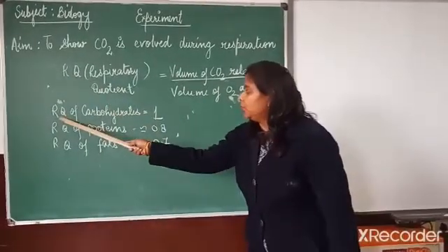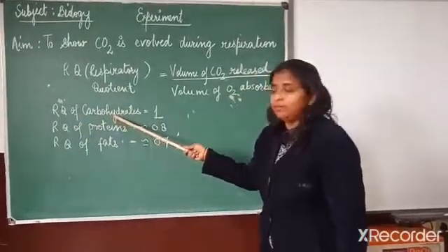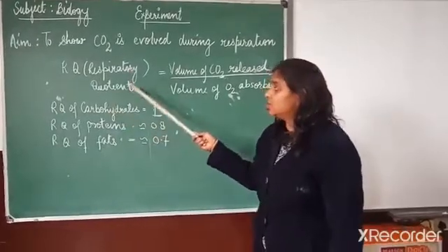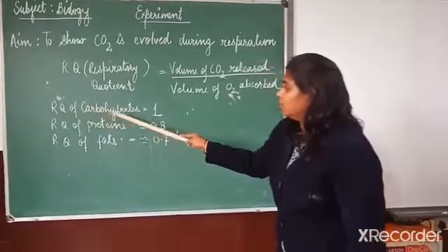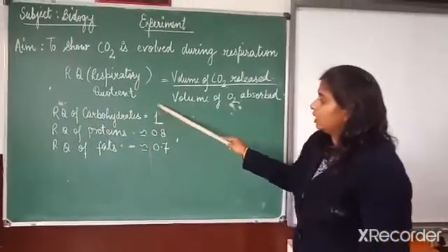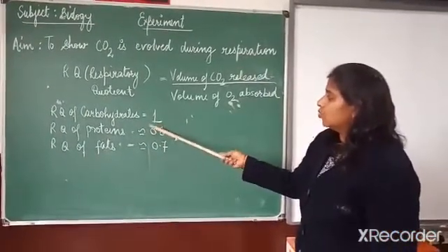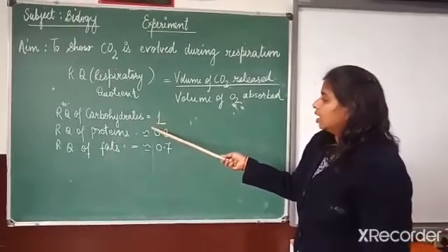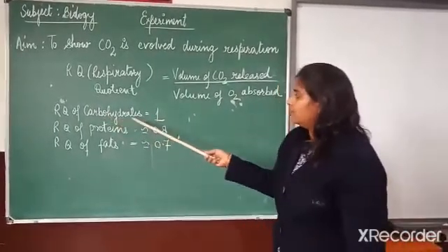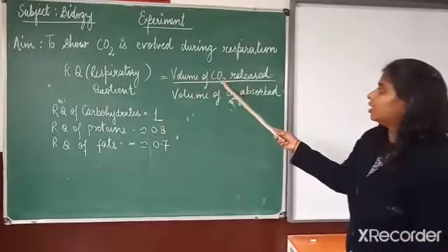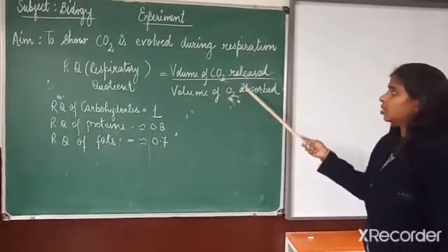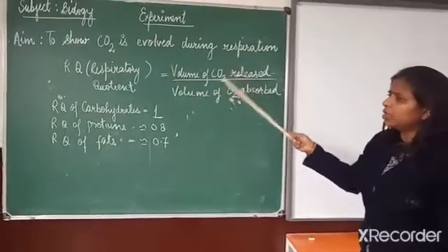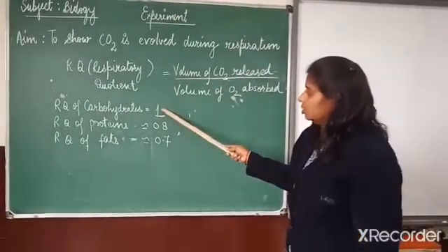Now if we talk about carbohydrates, if we have taken carbohydrate instead of proteins as we have taken in the experiment, then the RQ of carbohydrate is always 1. So what have you come to know by this? If the RQ of carbohydrate is 1, that means the volume of carbon dioxide released and the volume of oxygen absorbed is the same. Then only you will get this ratio.